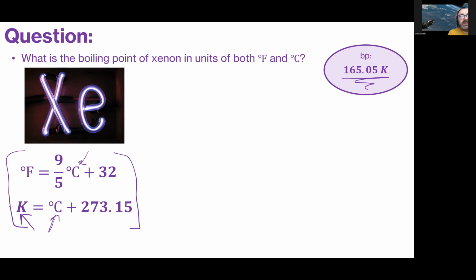We're given Kelvin, so I'm going to solve this for Celsius. Our Celsius is Kelvin minus 273.15. So this is 165.05 minus 273.15, which is negative 108.1.